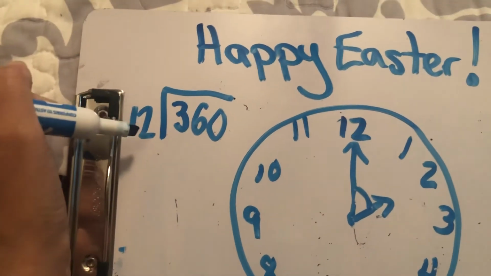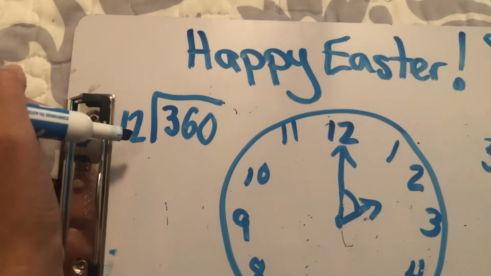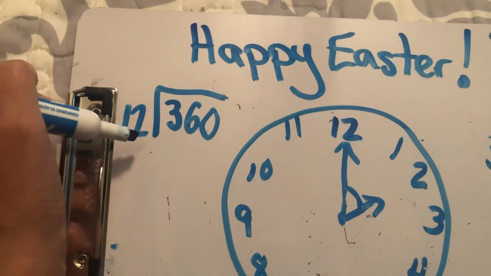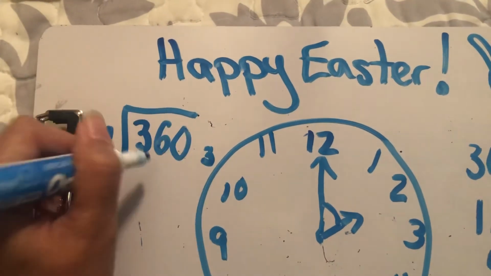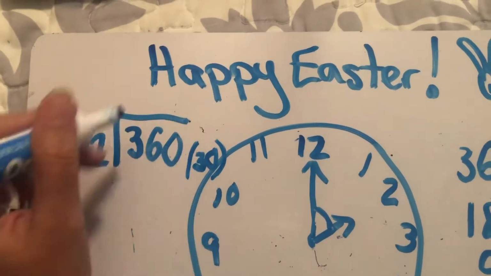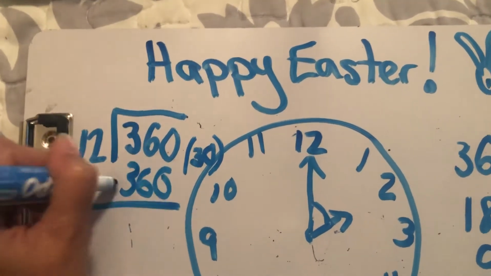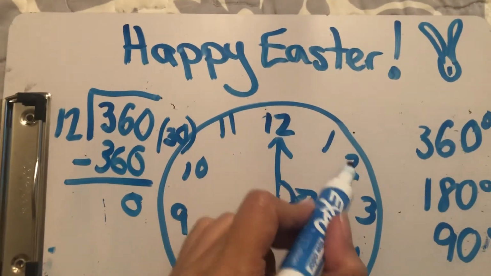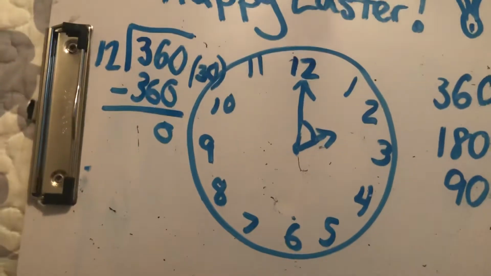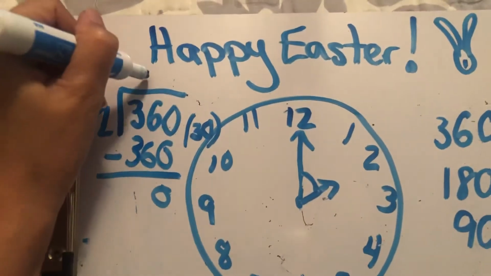12 times 1 is 12. 12 times 2 is 24. 12 times 3 is 36. All we have to do is add another 0 to that, and that gives us 360. So that means that every section of the clock going all the way around is 30 degrees.